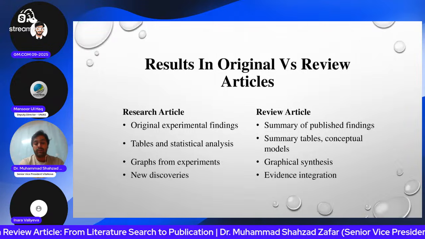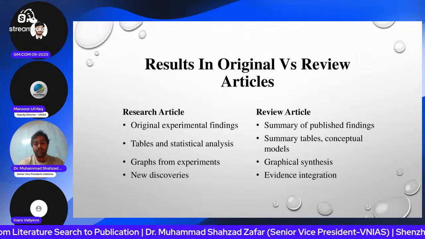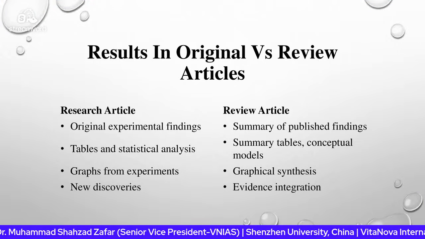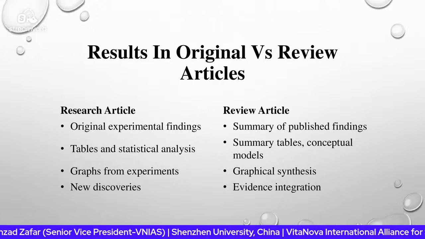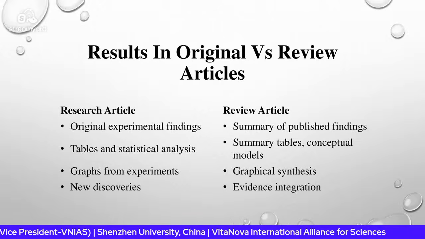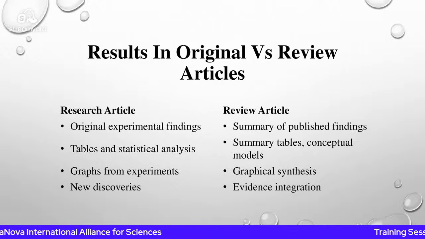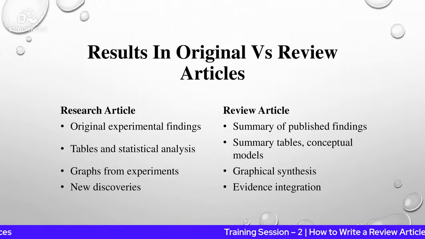And instead of new discoveries, we have new evidence integration. The value of the review comes from identifying patterns, agreements, disagreements, gaps, and possible explanations across the literature. The goal is not to tell the readers what the individual paper says, but to tell the readers what the literature as a whole means.